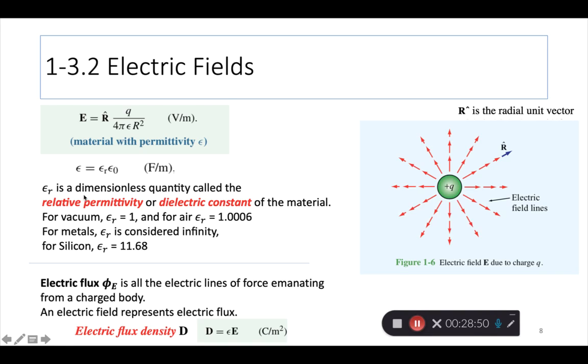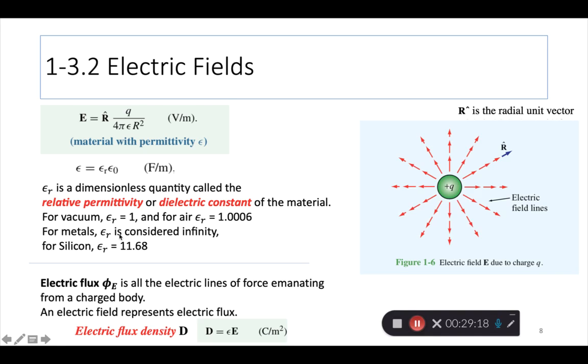Okay? And epsilon r is a dimensionless quantity called the relative permittivity or dielectric constant of the material. For vacuum, epsilon r is 1, so we just use epsilon 0. Air also is close to 1, so air and vacuum are pretty much 1. Other materials, epsilon r is different.